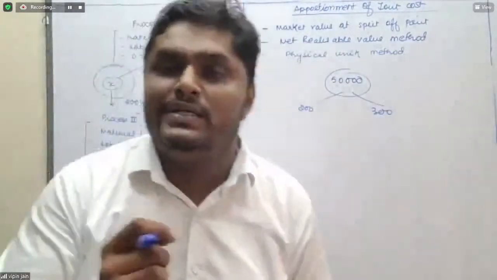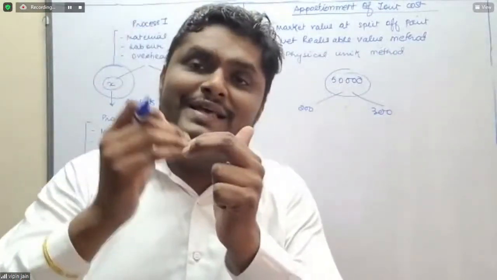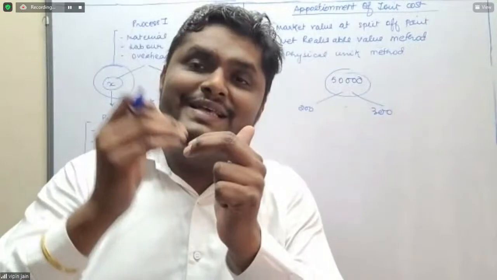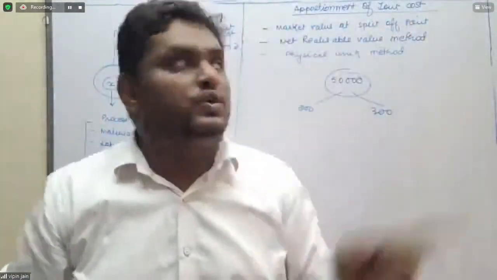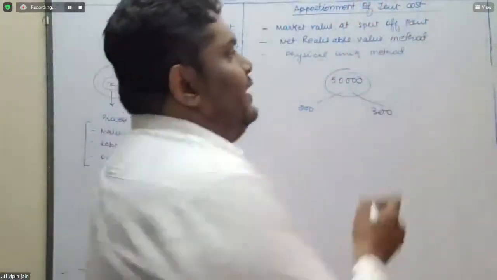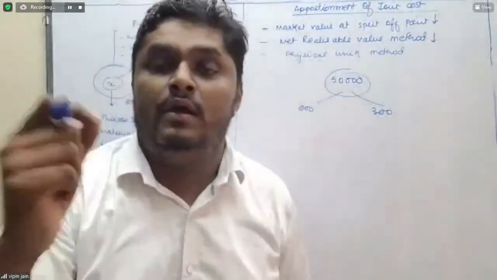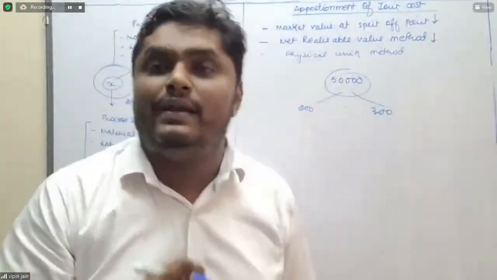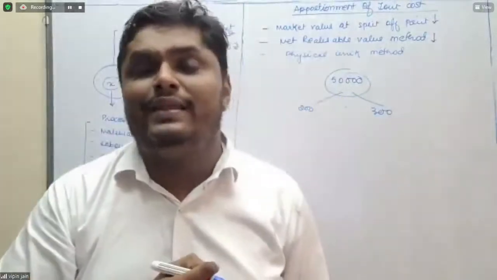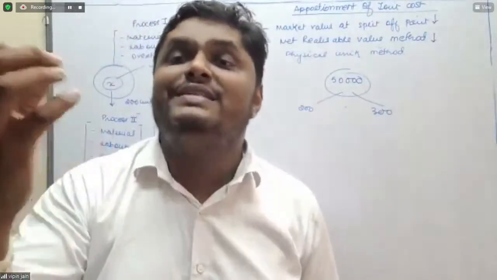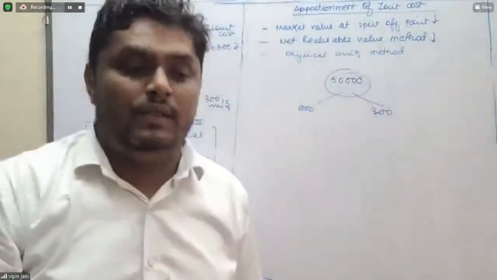I request you guys to follow the order, follow the steps, follow the pattern. If market value at split off point is given, apportion the joint cost in that ratio. If market value at split off point is not given, then use net realizable value method. But if we cannot calculate the net realizable value as some information is missing in the question, then next we can apply physical units method.